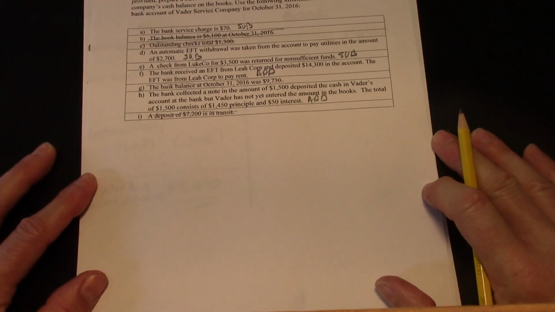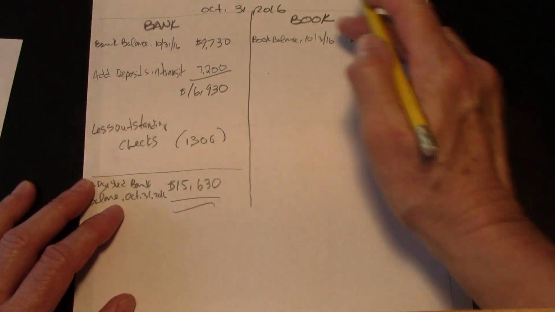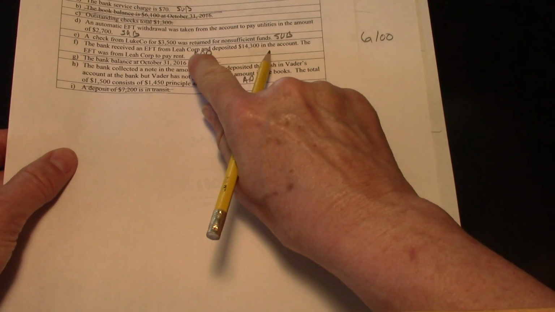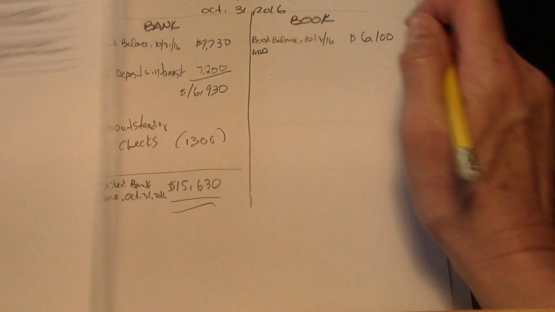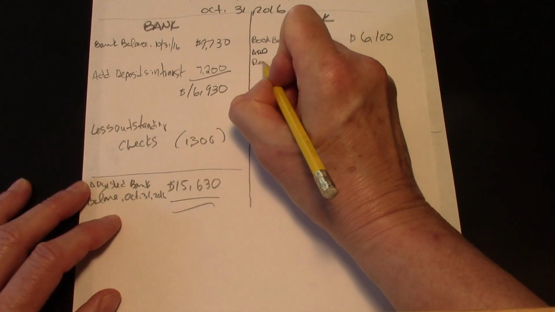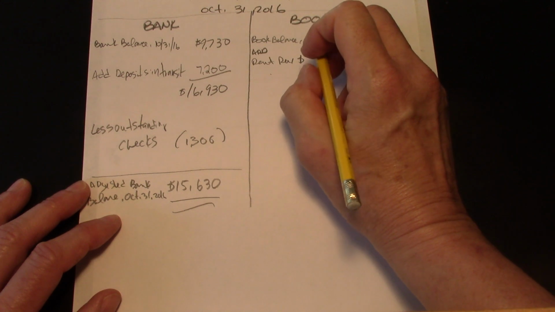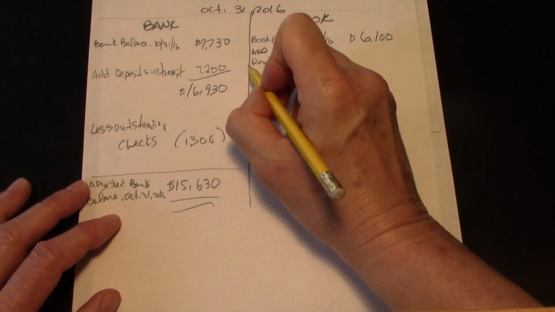All right. So we're going to do the adds first. So book balance, and then we're going to add. What did we have? Well, we have to pay the rent. So that's add rent revenue, 14,300.